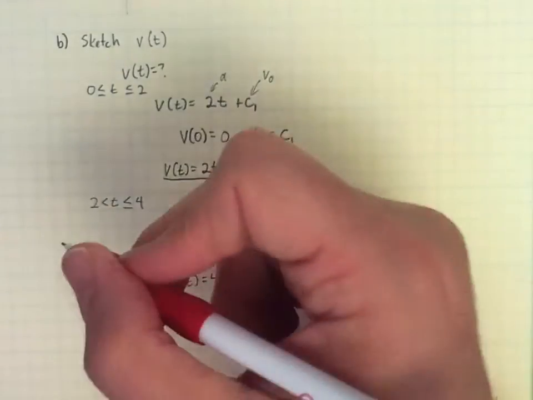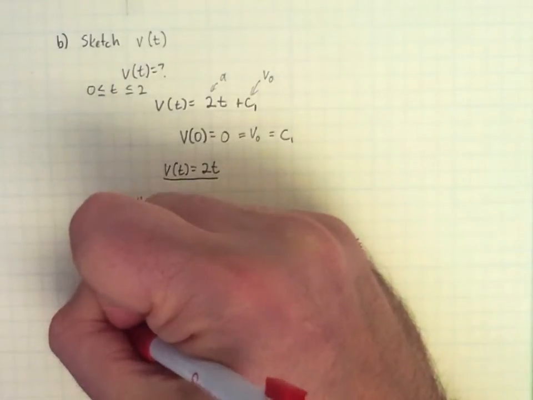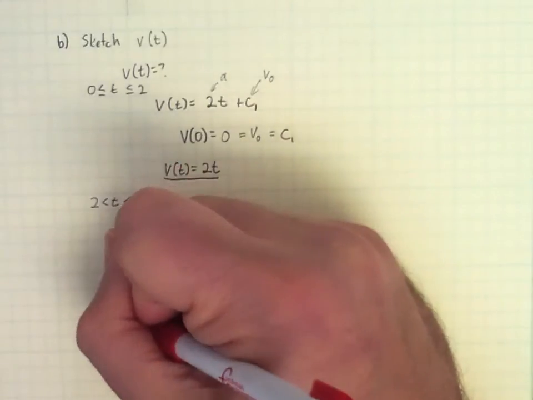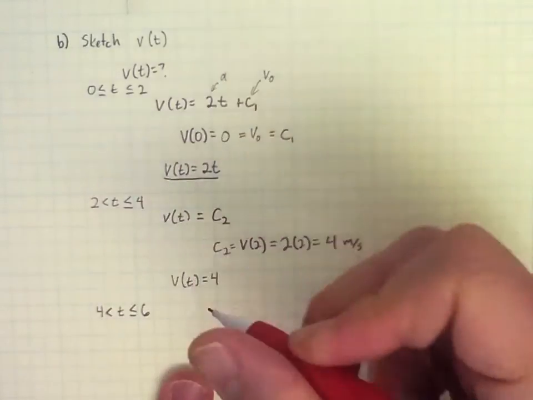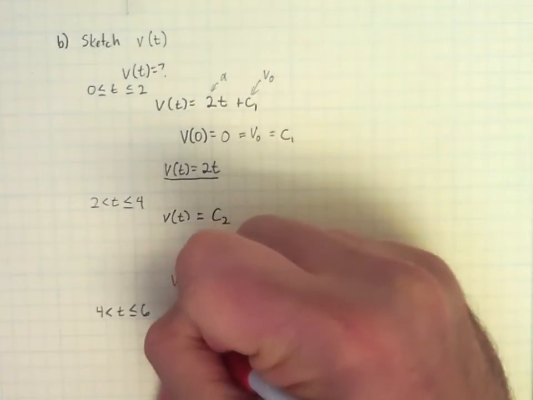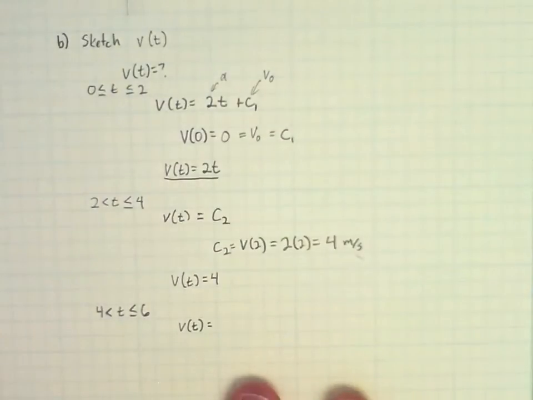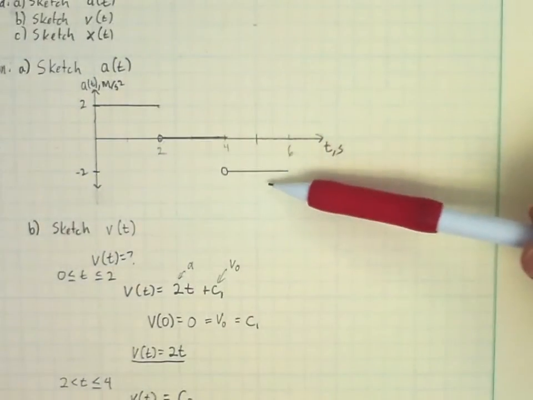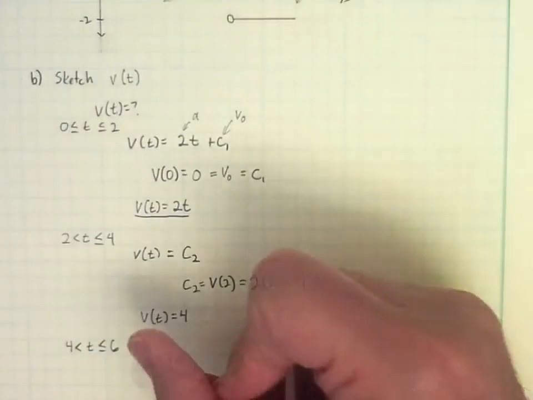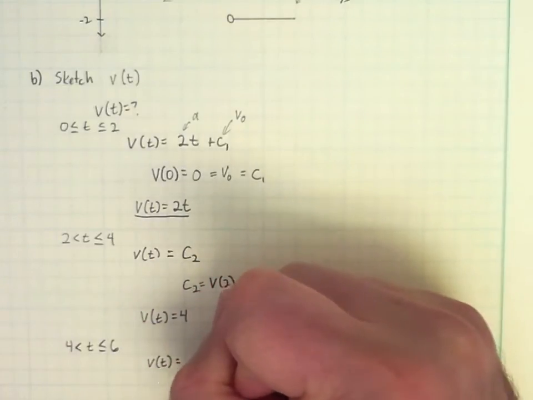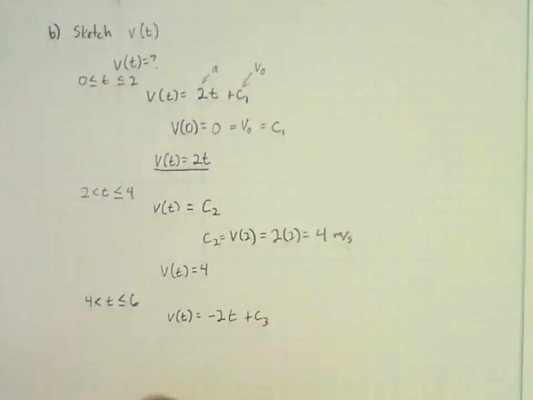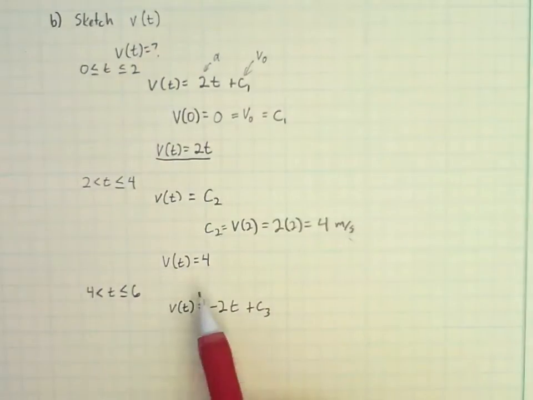So what does it equal during the last stretch? Again, we think back, what is the acceleration? Well, the acceleration is negative, so our slope is going to be negative 2t plus the third constant. And what we know has to be true is that at 4, it has to match up. It has to be whatever velocity was happening at 4.